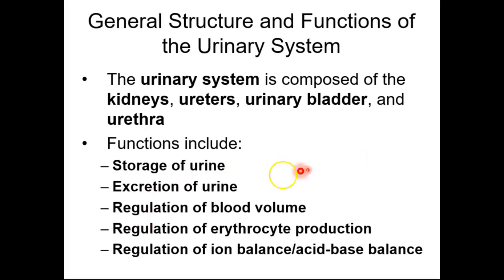The urinary system will store urine, excrete urine, regulate blood volume, both in short and long term, multiple mechanisms in which it participates to regulate blood volume. Regulates erythrocyte production. Does anybody remember the hormone that the kidney releases to initiate red blood cell production?